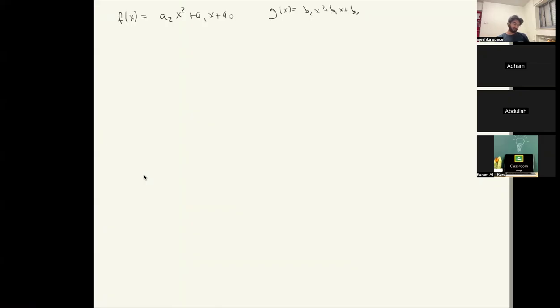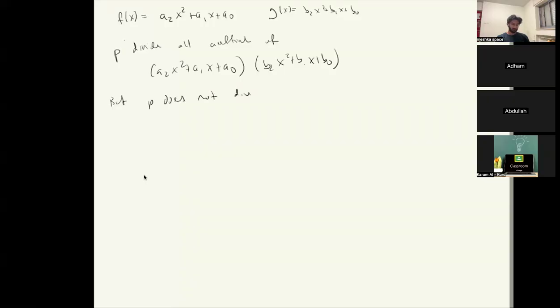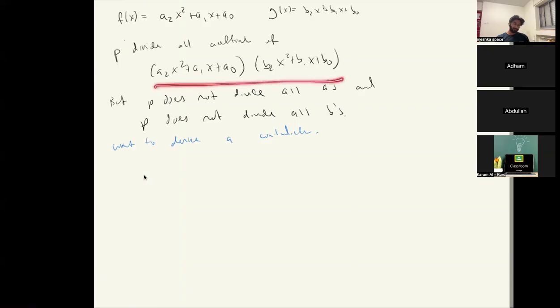We know p divides all coefficients of the product, but p does not divide all the a's, and p does not divide all the b's.